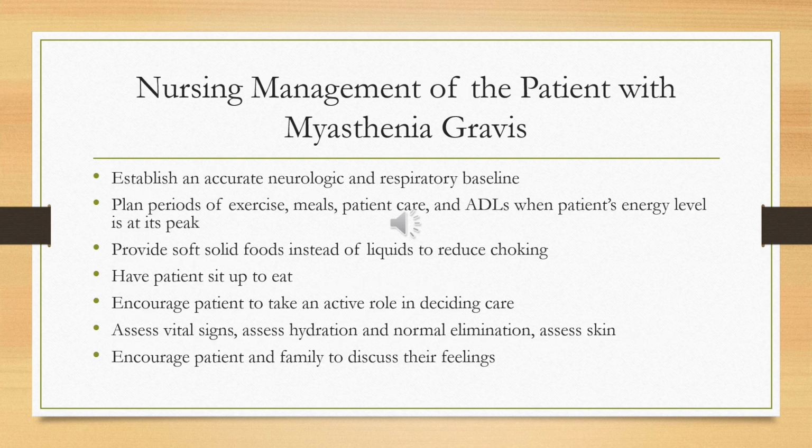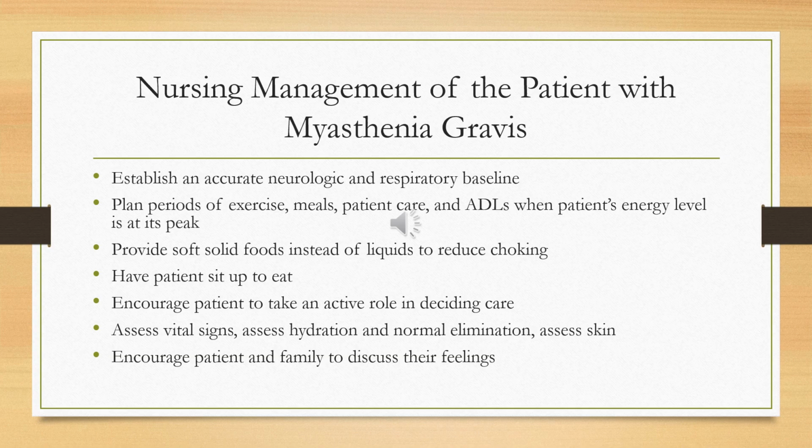So we want to establish an accurate neurological respiratory baseline, help the patient move secretions as they accumulate, so maybe teaching them to cough and deep breathe, or maybe using the incentive spirometer or something like that. You want to administer the drugs at evenly spaced intervals and on time, so that you maintain therapeutic levels for the patient.